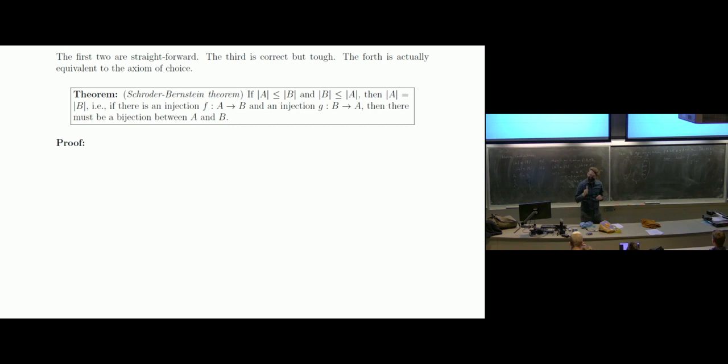So the first observation is if I want to use G inverse of A, then this has to be defined. Meaning, it must be in the image of G, right? So anything not in the image of G, I have to use F, right? There's no other choice.